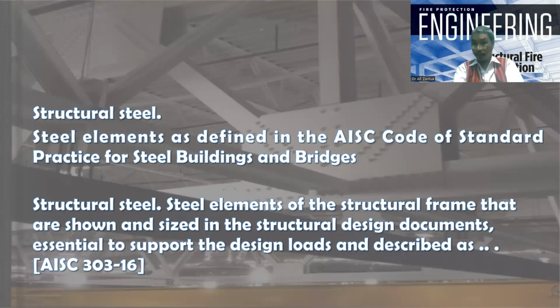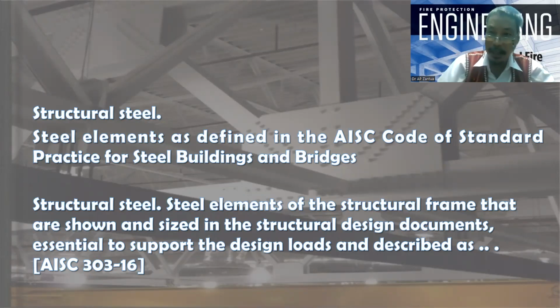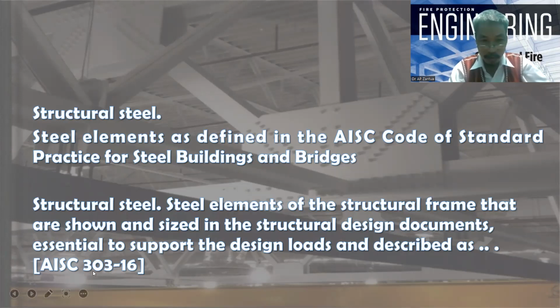So that is the name of the part. This can be described as what? Bracing, can be described as beam, can be described as cable. So there are plenty of things. And actually, in this code, in this document, AISC 303-16, the definition of structural steel is actually the whole page, the whole one page.